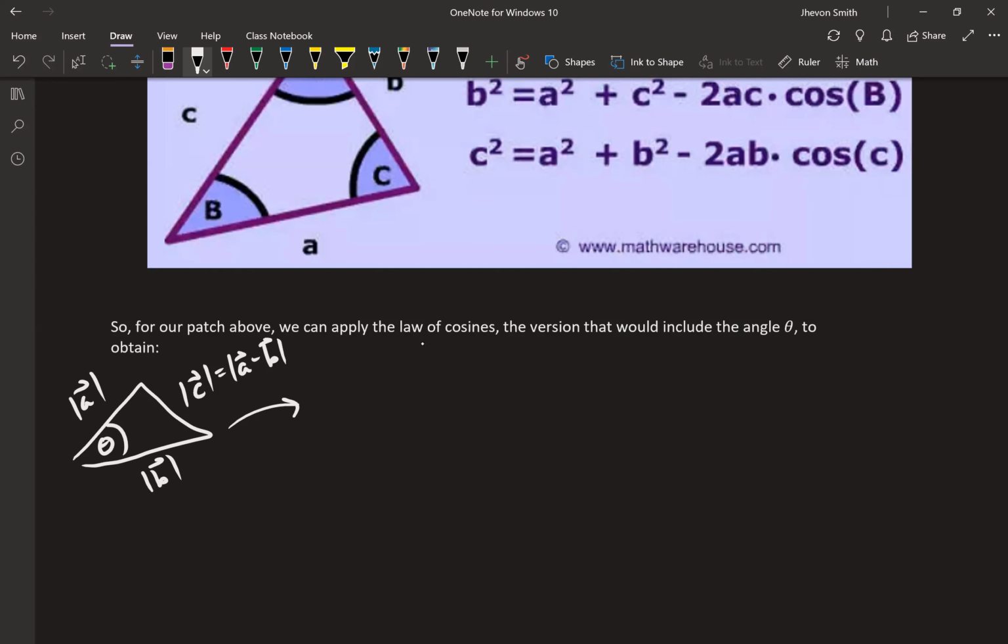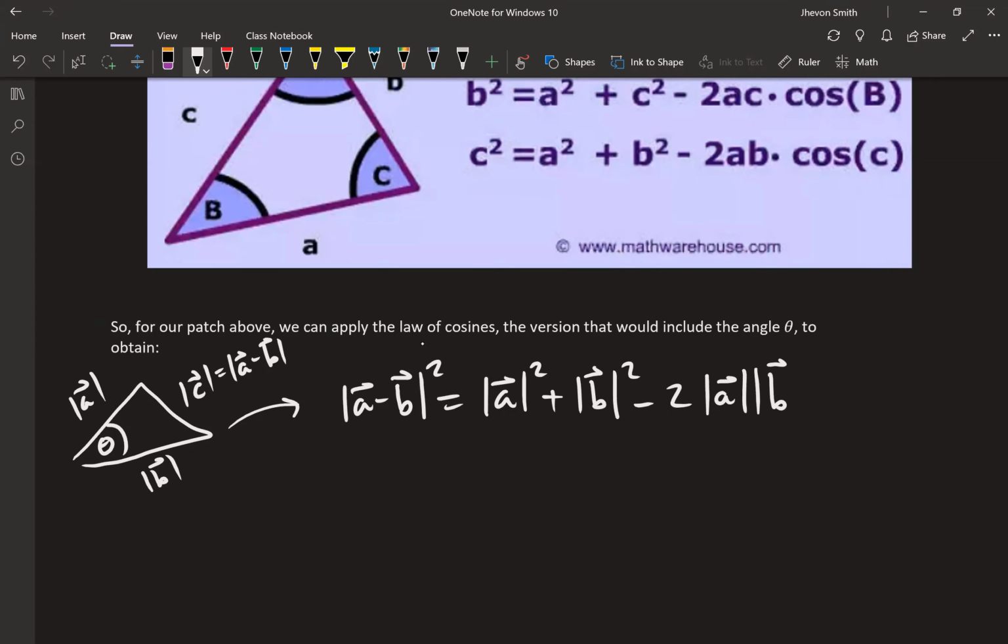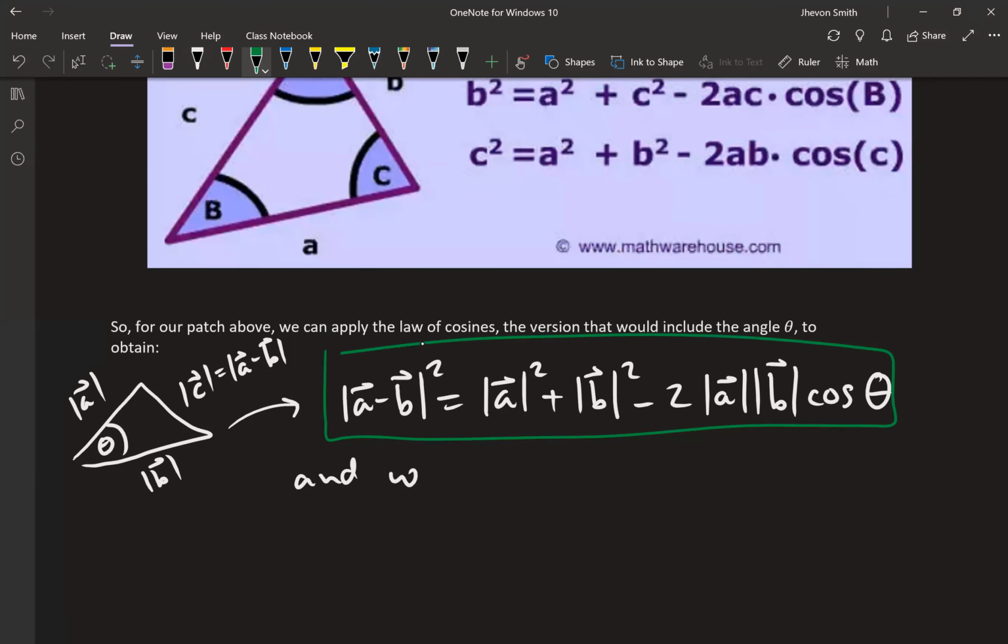So geometrically, you need to remember that. If I take the magnitude of A minus B squared, that should give me magnitude of A squared plus magnitude of B squared minus 2 times magnitude of A, magnitude of B, cosine theta. This equation is important. We're going to come back to it later.